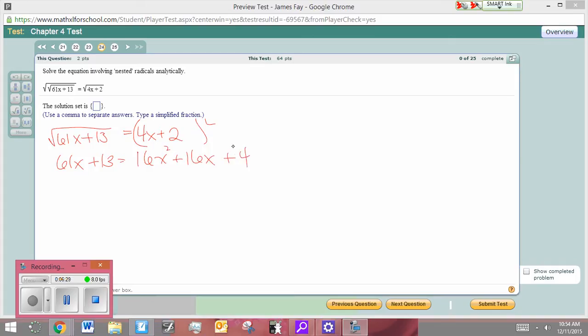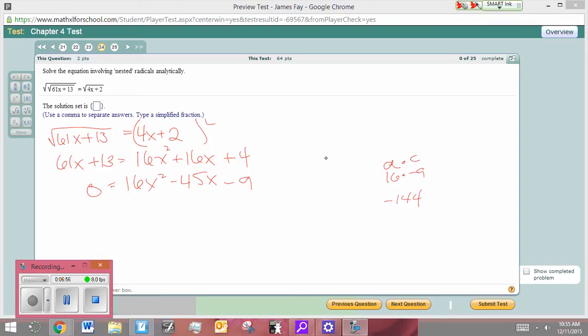When I move everything over, I'm going to get 0 over here, be 16x squared minus 45x, and then minus 9. Using my a times c method, when I take 16 times negative 9, that gives me negative 144.